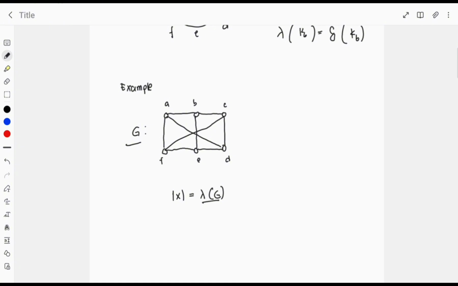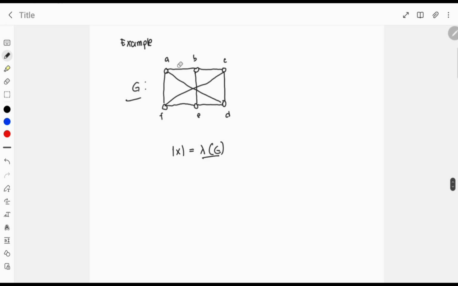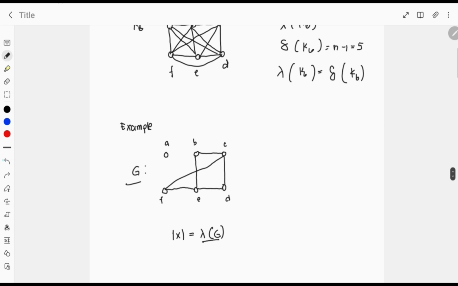Since G has diameter 2, it is impossible for both V1 and V2 to have no neighbors in X, because that would imply a distance of at least 3 between them. Thus, at least one of H1 or H2 has vertices connected to an edge in X. Suppose we have this one as V1 and this one as V2.